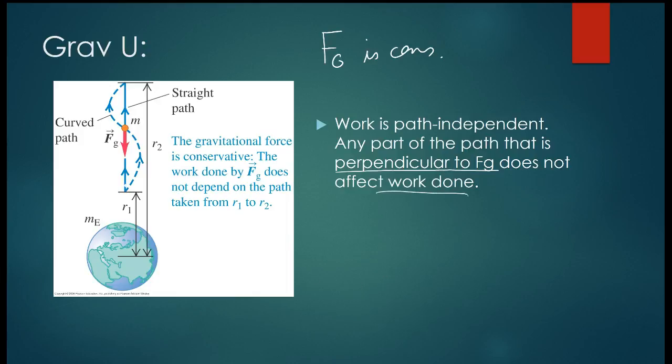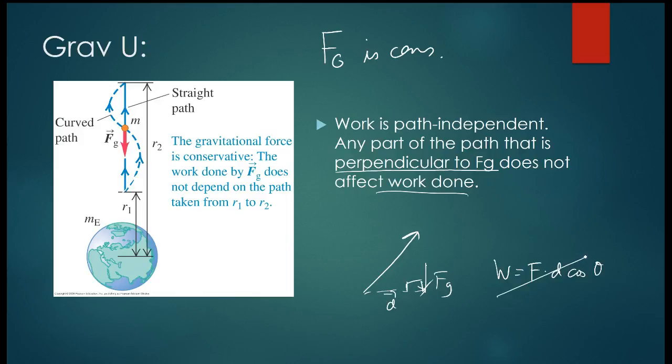So if I take this path and just look at one piece of it, when I go sideways like this, I have a force of gravity that is going down, but I have a displacement that's going sideways. And remember that work is F dot d, so it's times the cosine of the angle.